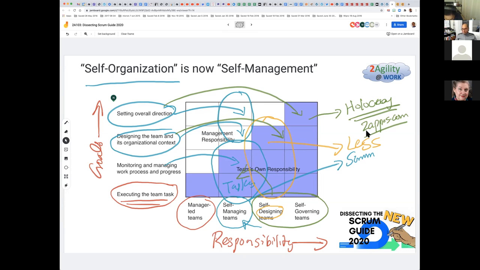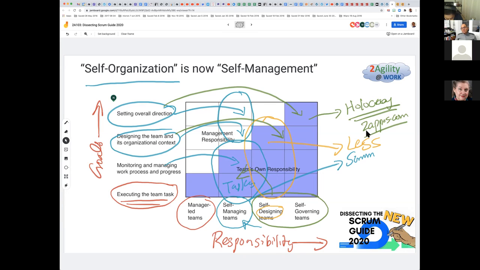Well, if you're talking about responsibility versus accountability, I think it goes back to the RACI. Are you familiar with that? Again, the RACI is not a construct that we use for Scrum. These are past constructs that we are moving away from.